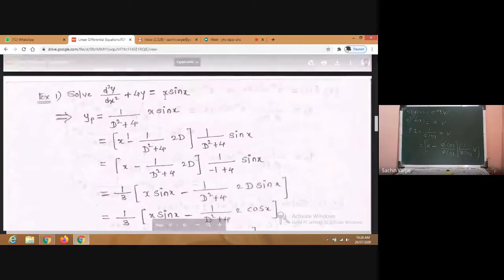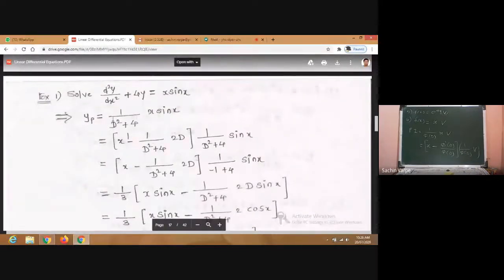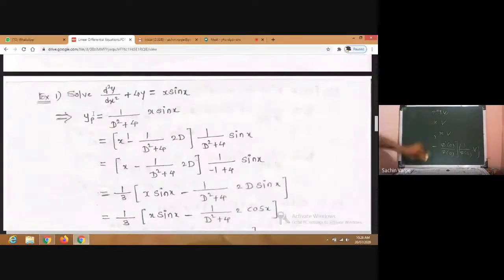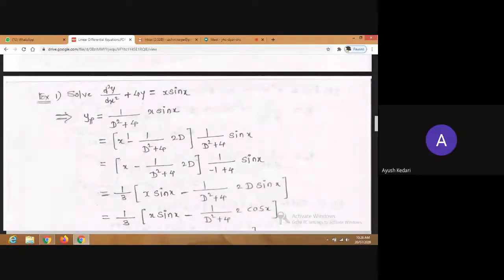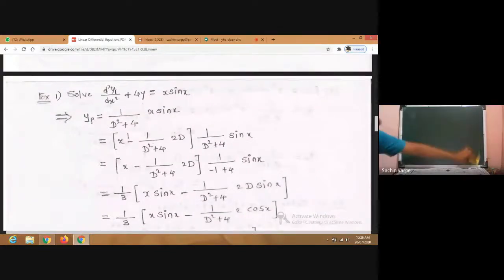So what is the complementary function here? What are the roots? Consider its capital D form first. Plus minus 2i. Yes, because its capital D form is D square plus 4 equal to 0. That is the auxiliary equation. You can see on the board, D square plus 4 is equal to 0.